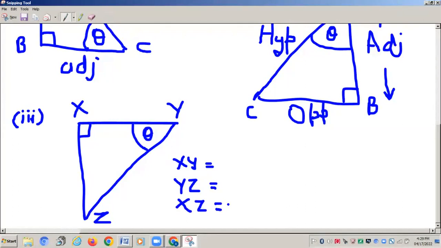Just do that for me in the chat. You don't have to write the word opposite. Just write O, H, and A. I'll give you about 5 minutes to do that.